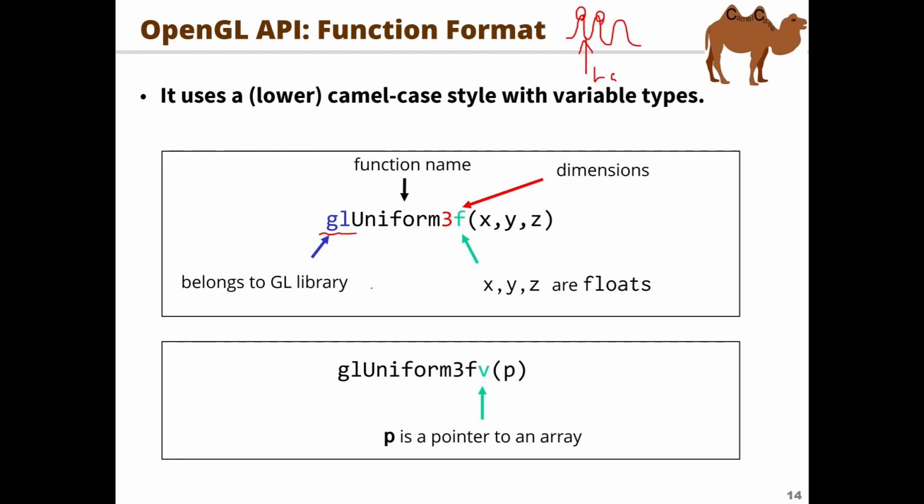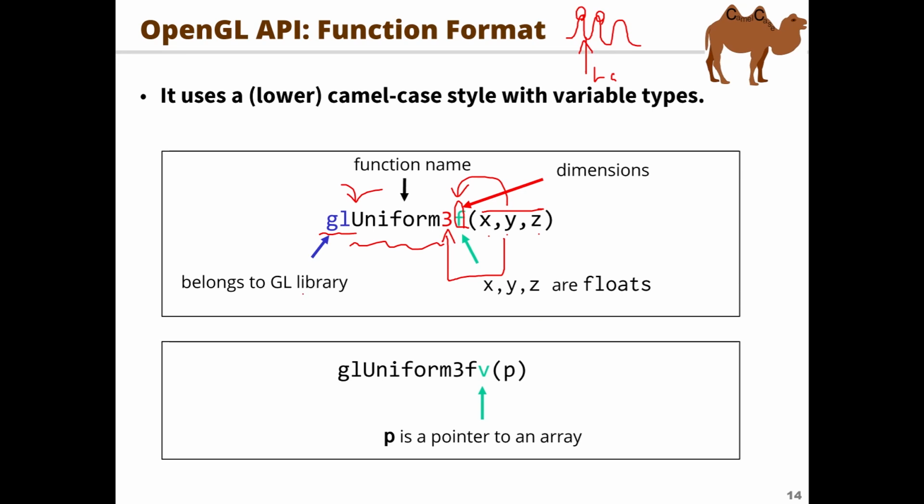GL is a prefix, so it belongs to the OpenGL library. Uniform is the function's name. Then it starts with a capital letter here. And 3 is the number of arguments here, and f indicates the type of the arguments. So x, y, z, we have 3. So this 3 is from here, and their type is floating point.